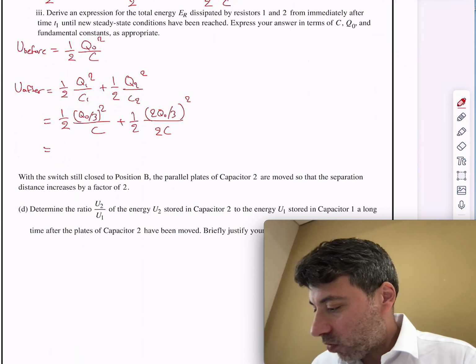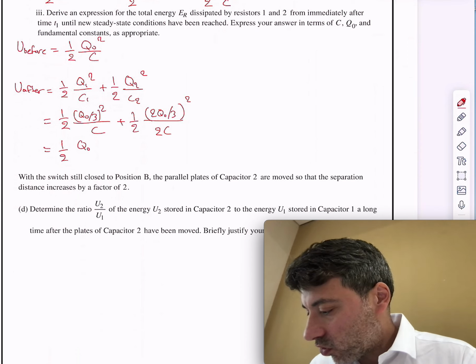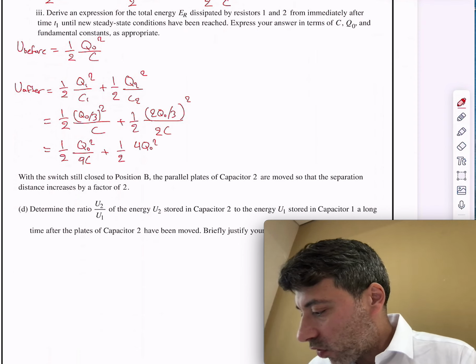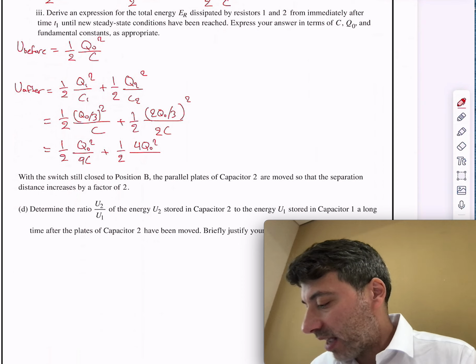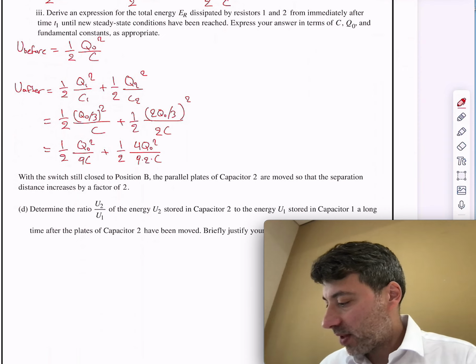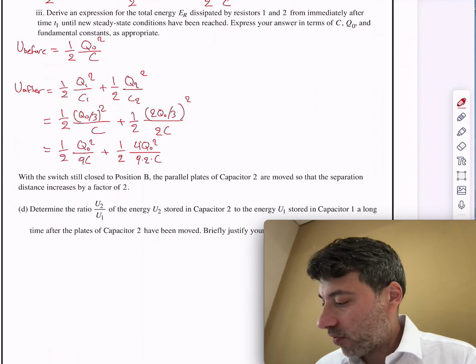So we get 1 over 2 Q0 squared over 9C plus 1 over 2 times 4Q0 squared over 9 times 2C. I'm keeping the 9 times 2C. The 2 and the 4 cancel.